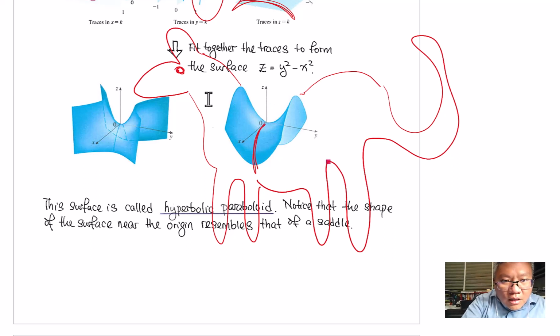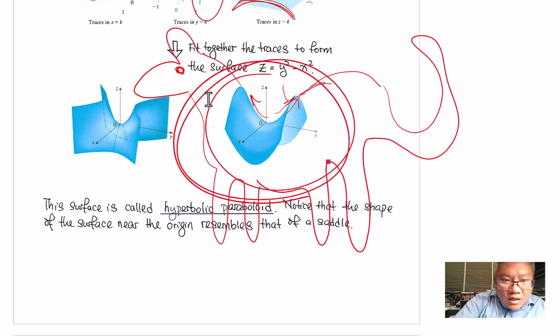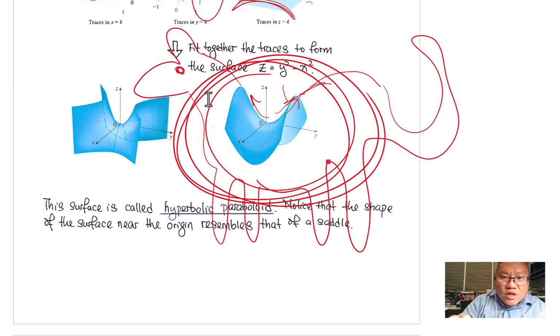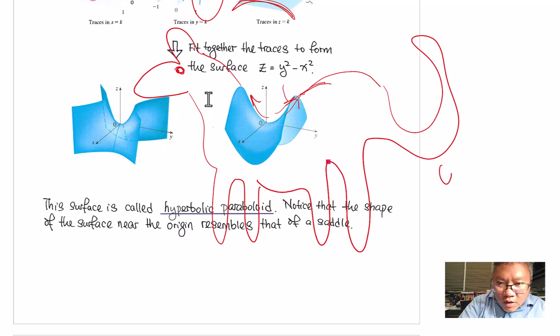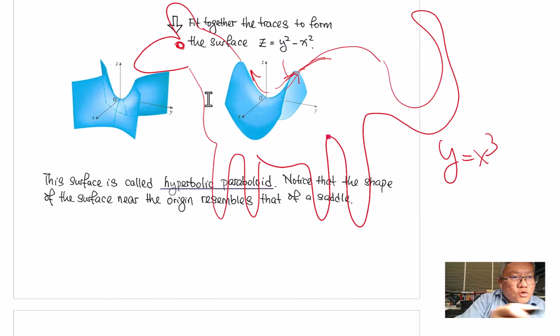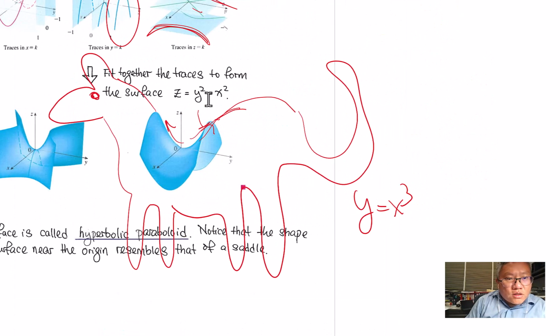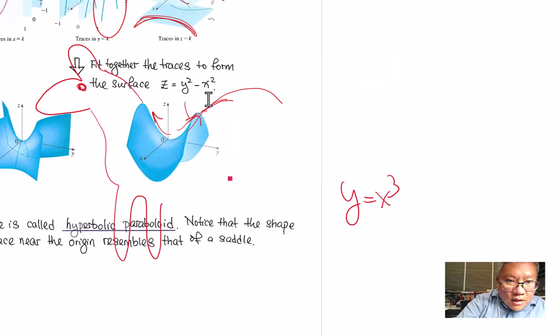If you go in the other direction here, things will go down. But if you touch the front part of the horse like that, the things will go up. And then if you go backwards and touch the back part of the horse, things will go up. This is a 3D version of your equation y equals x cubed. It's a terrible horse, but you know what I mean.